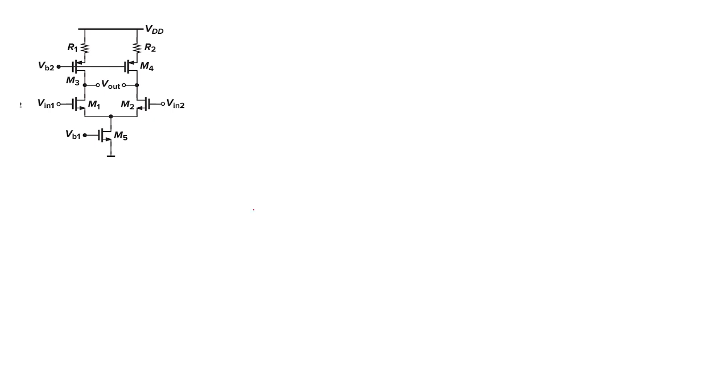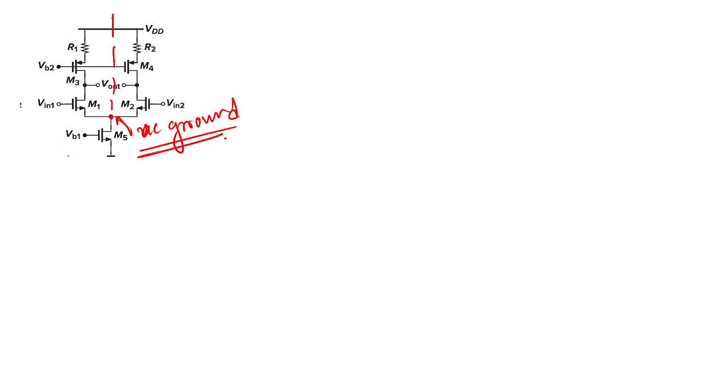This is also a symmetrical circuit, as you can see from this axis, and this point is the AC ground. This point might have some DC bias, but for the AC value there will be no change, because some DC value will be there.